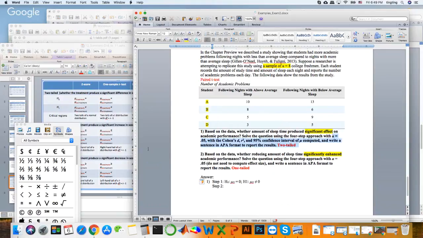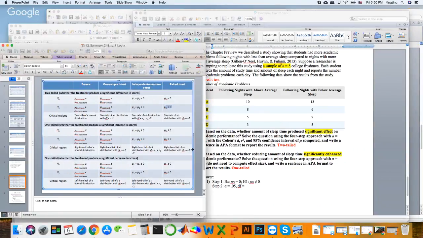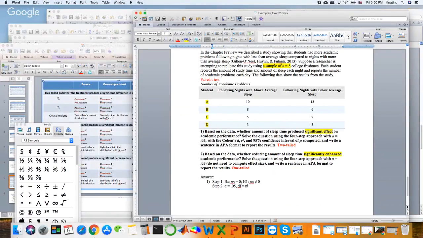Here we know that alpha equals 0.05. We know the degree of freedom equals n minus 1. We have 4 scores in total, so 4 minus 1, which equals 3. And then we know it's a 2-tailed test.